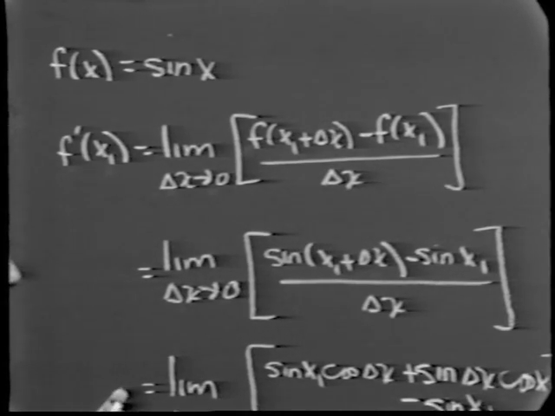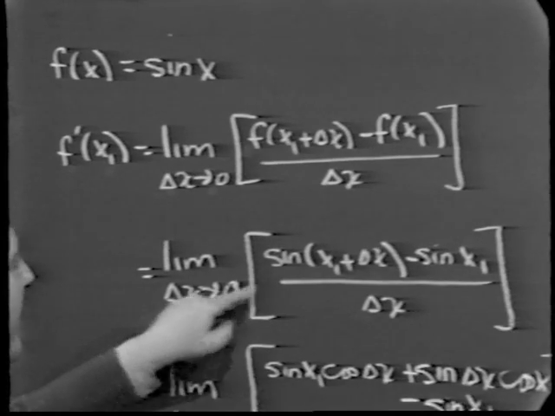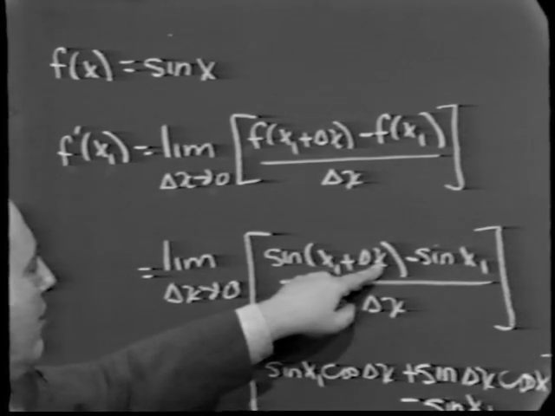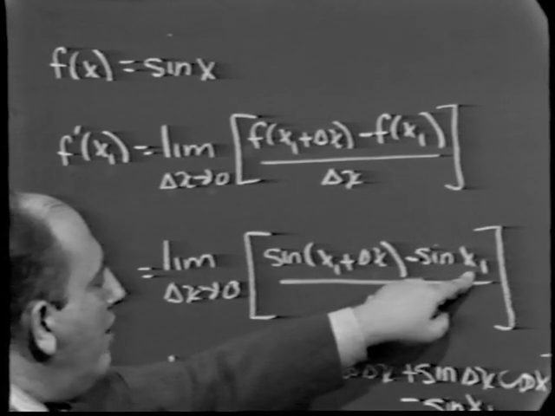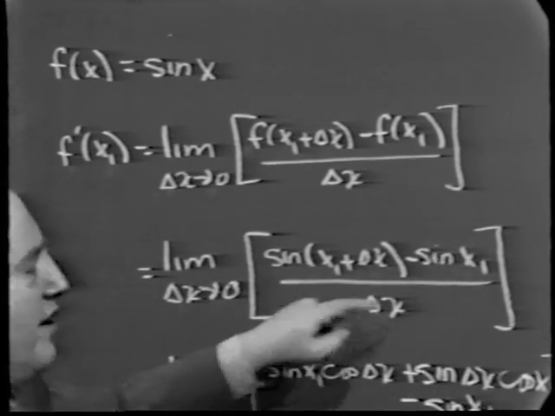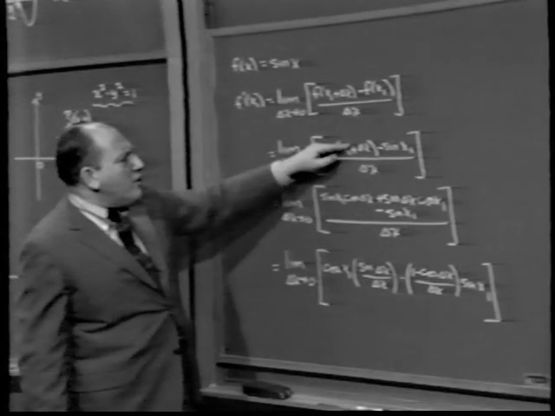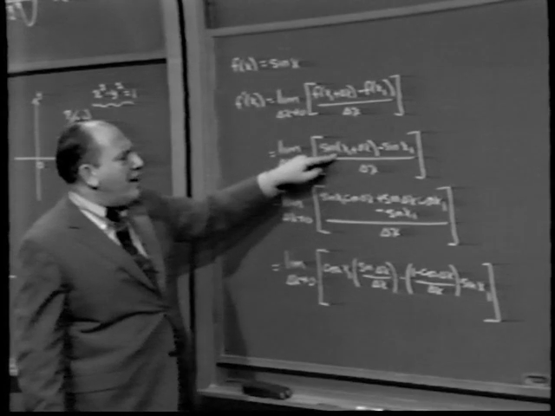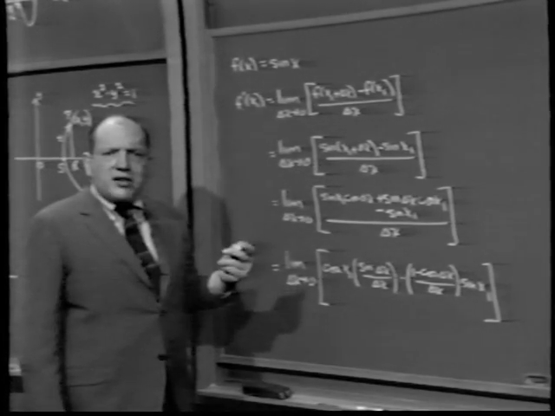What do we mean by a more convenient form? Well, notice again, as is always the case when we take a derivative, as delta x approaches 0, our numerator becomes sine x1 minus sine x1, which is 0, over 0, and we're back to our familiar taboo form of 0 over 0. Somehow or other, we're going to have to make a refinement on our numerator that will allow us to get rid of a 0 over 0 form.